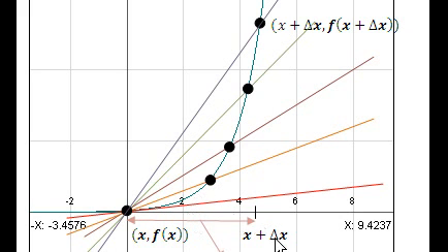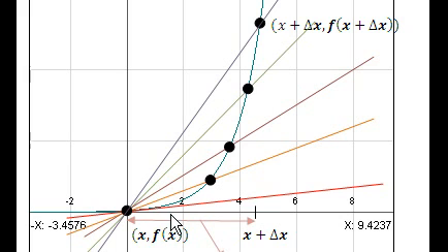Now, what happens when delta x starts getting closer and closer to 0? Delta x is getting smaller and smaller. As delta x gets closer and closer to 0, the slope of the secant line gets closer and closer to 0 in this particular case.